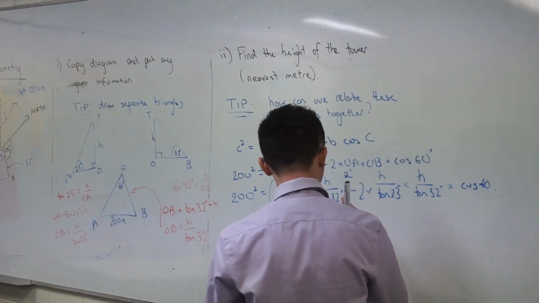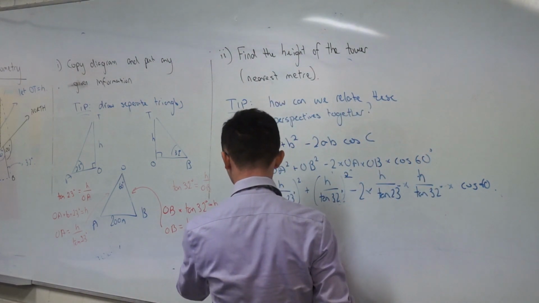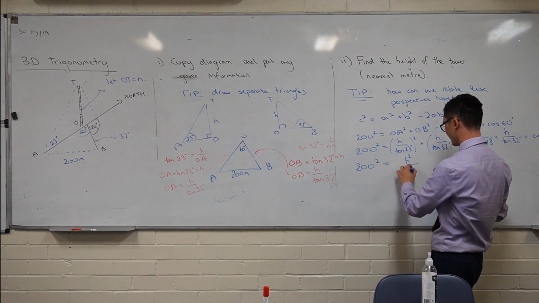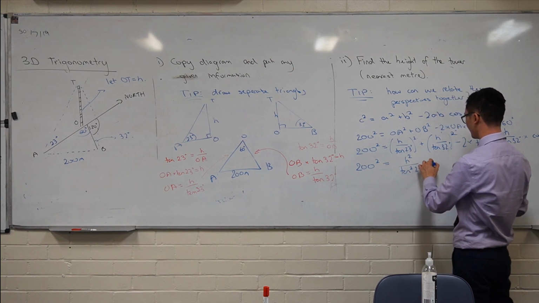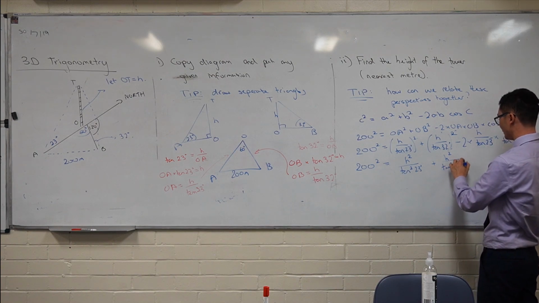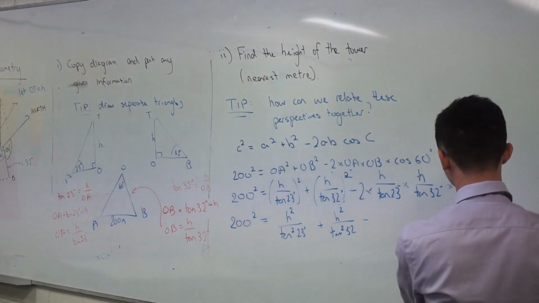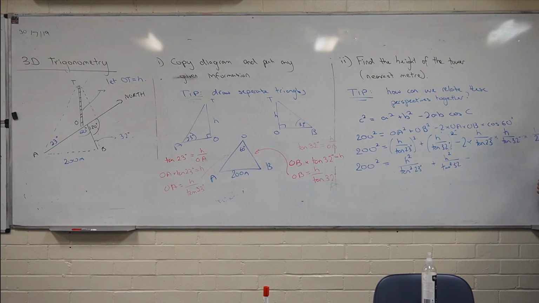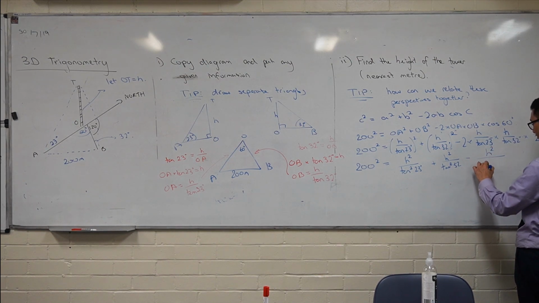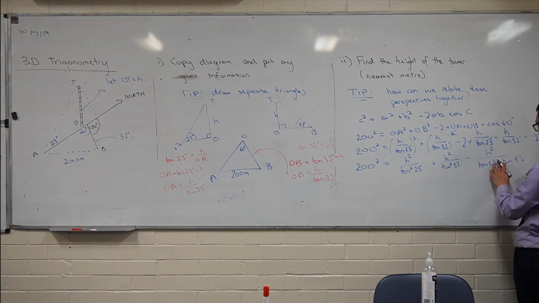What do I do with all this now? This is going to be quite nice because a few things are going to simplify. I've got H squared on tan squared 23 plus H squared on tan squared 32. Another way to write cos 60 is just half, so the 2 and the half cancel out, and I get H squared on tan 23 times tan 32.